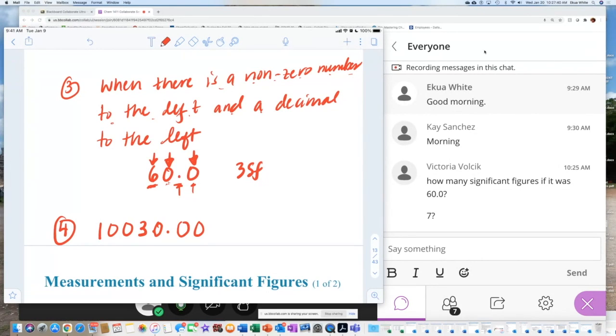You want to judge each zero. Each zero must be judged. Okay, hold on. Definitely these two are significant, right? Based on the other rule, these two are significant. Based on the rule we just learned, this is significant. So let's see, 1, 2, 3, 4, 5, 6, 7. Yep, 7 significant figures. Very good.